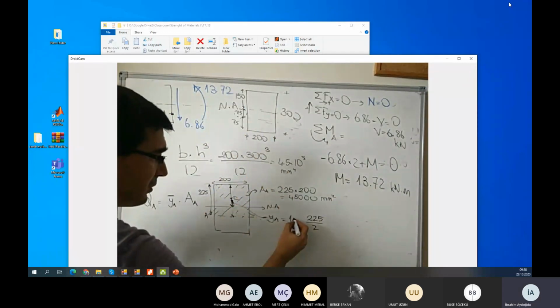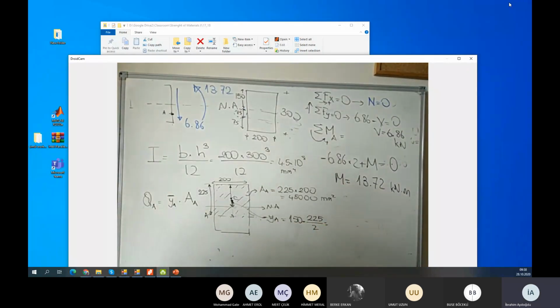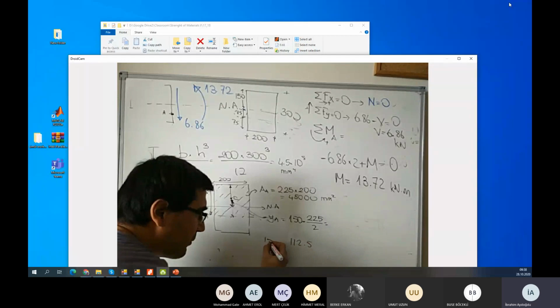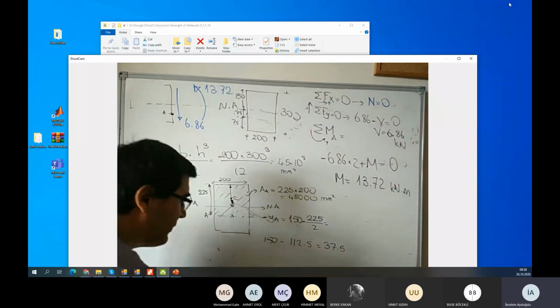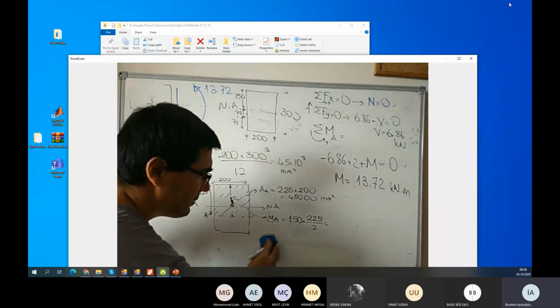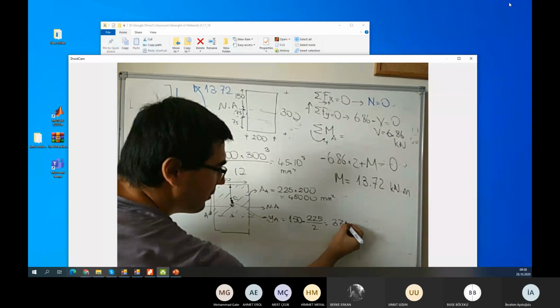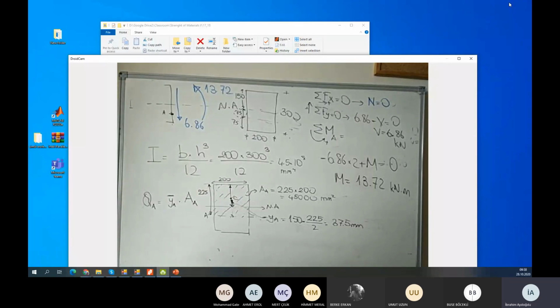So 150 minus 225 divided by 2. Dividing this by half, 112.5 subtracted from 150 is 37.5 millimeter. I think it is like this. Is it correct, guys? Did I make a mistake, do you think? No, professor.